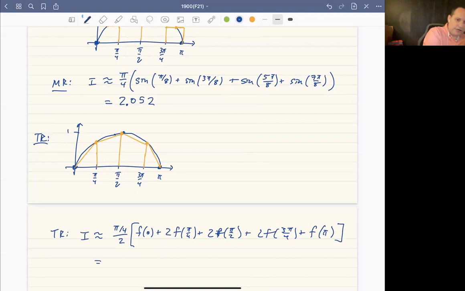And so that's going to turn out to be... it seems too low to me.